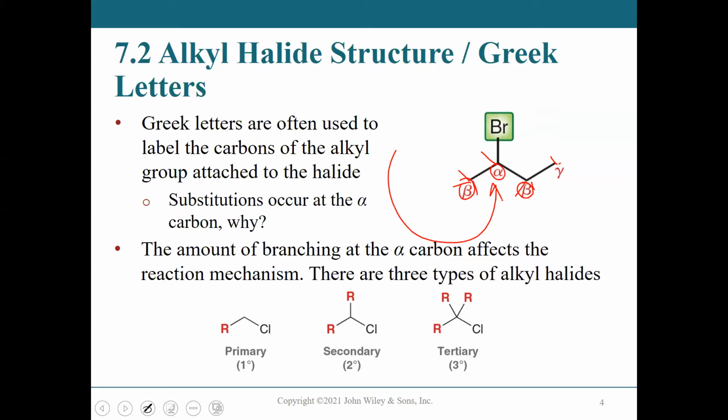Now, for elimination, we actually care about the beta hydrogens. Beta hydrogen here, and also this beta hydrogen right here. Both beta hydrogens are important for the elimination reaction. Why is that? Remember, you are going to be making an alkene. So the alkene has to be established between two carbons.